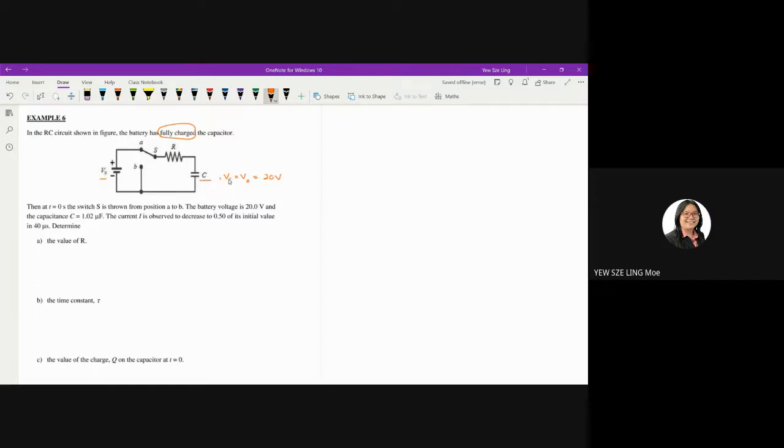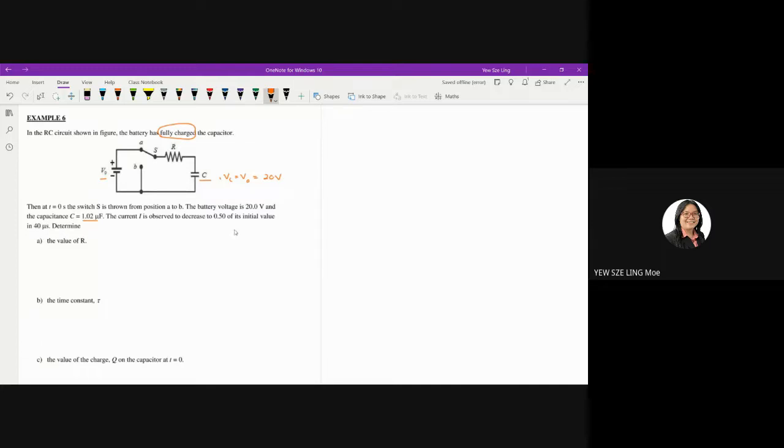That's why when it's fully charged, your VC is equal to 20 volt. And the capacitance given is 1.02 microfarad. The current I is observed to decrease to 0.5 of its initial value in 40 microseconds.